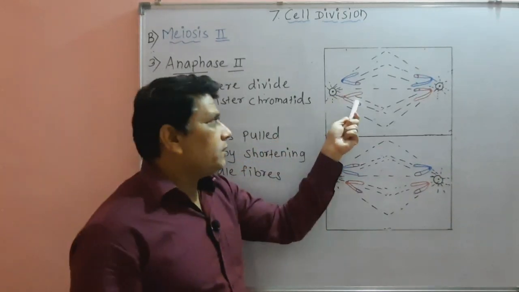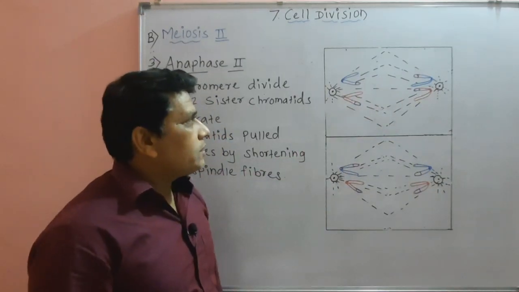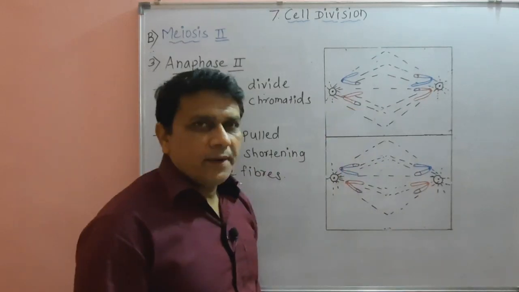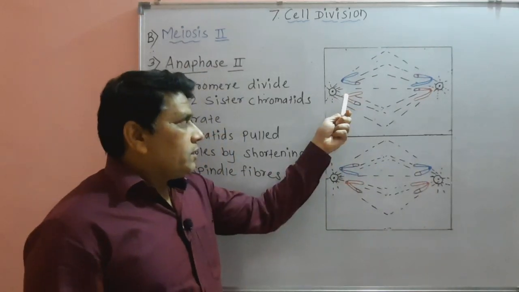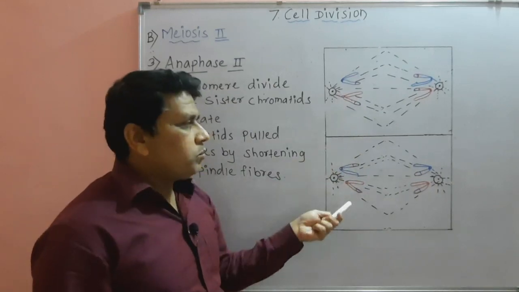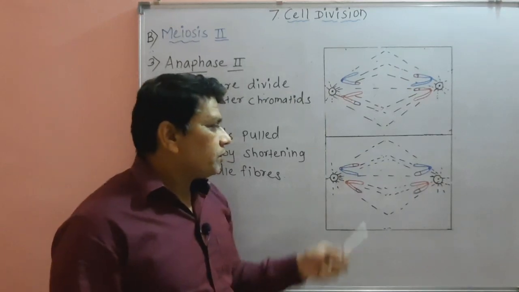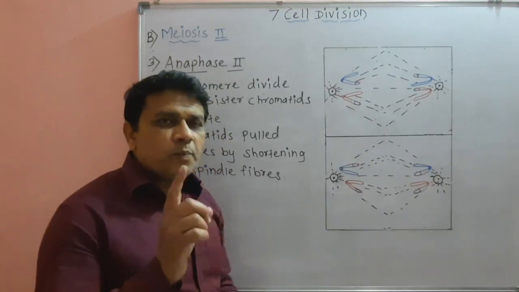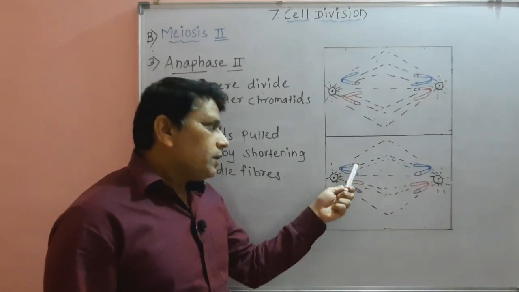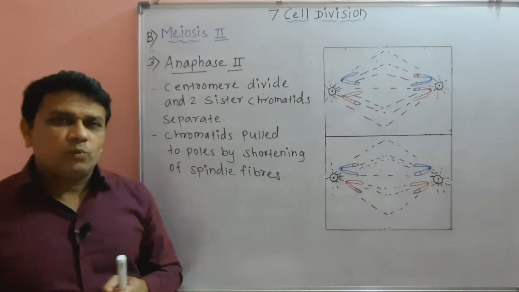Here we can see that each chromosome has been separated into two sister chromatids, and these sister chromatids are pulled towards the poles. So in anaphase the chromosome splits into two sister chromatids, and the chromatids are dragged towards both the poles.